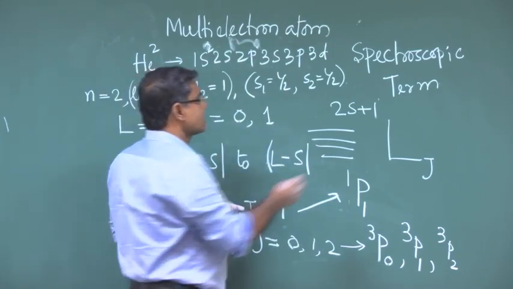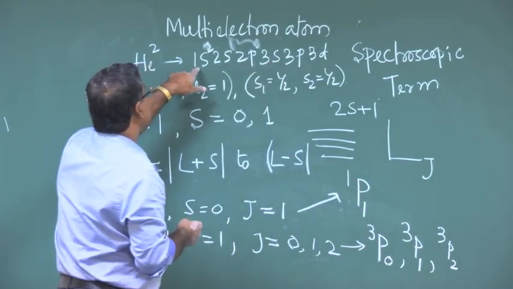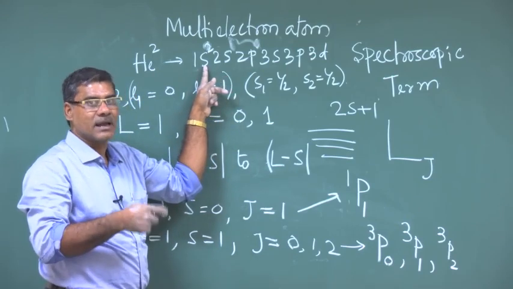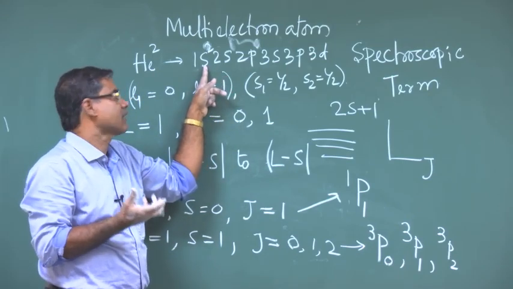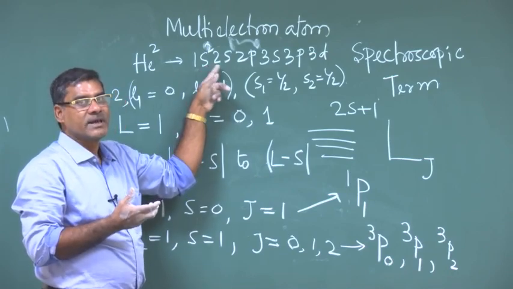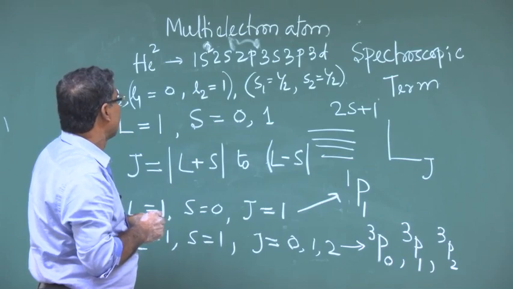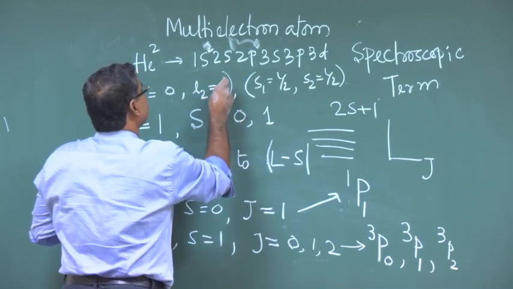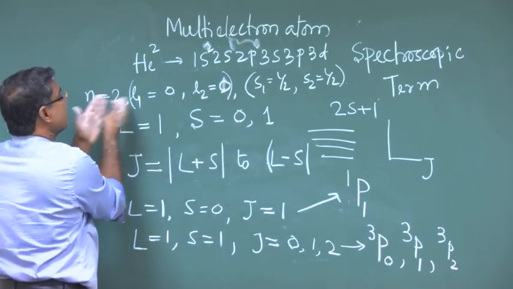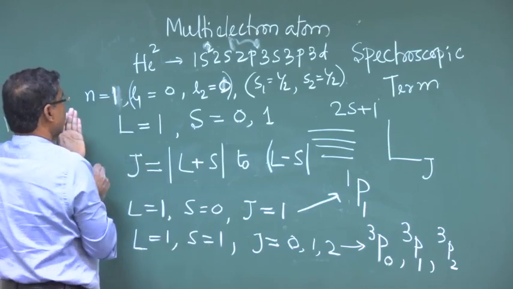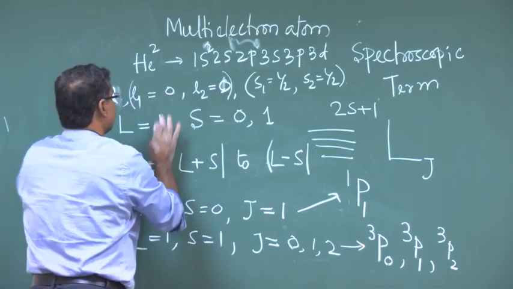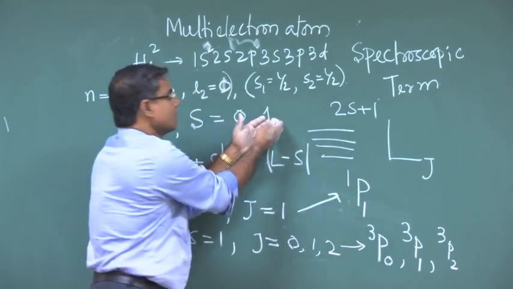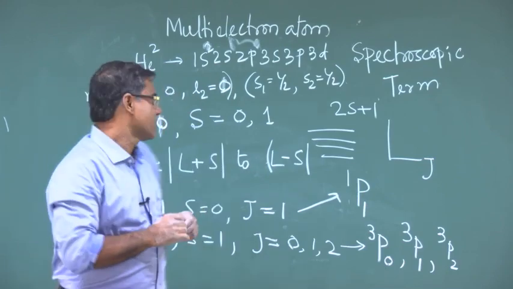In this case, obviously, n equal to 1, L1 equal to 0, L2 equal to 0, right, both electrons are here. For each, S is of course half and half. So the resultant L will be 0, and the resultant S will be 0 or 1.